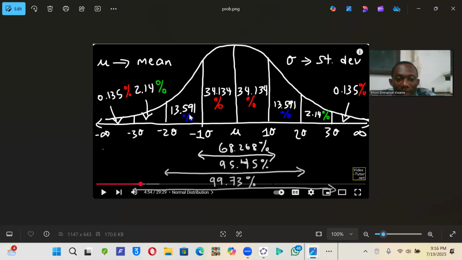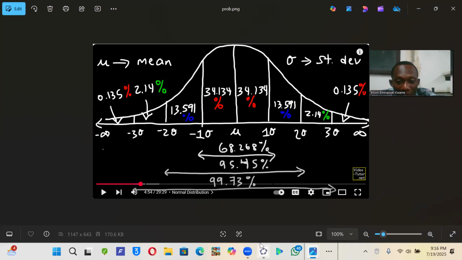So we are going to get 34.134. Then the next thing is, how are we getting the next one? To get the region between -1 and -2, this is what we are going to do. You have to know the region between -1 and 1, and it is simple. The region between -1 and 1 is 68.28.